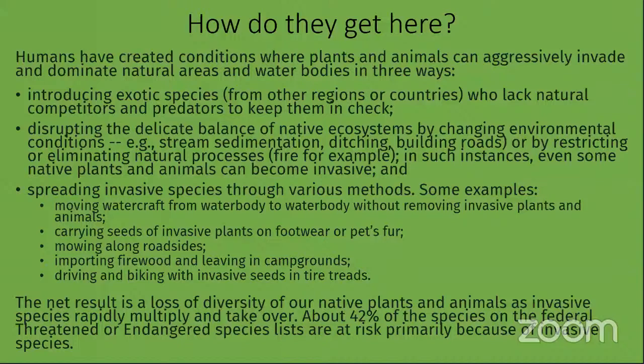For example, we suppress fire so that the native fires that would normally control an environment are no longer happening. And sometimes the native plants and animals can also become invasive when we disrupt their ecosystem. And then there's a spreading of native species once they get here by various different methods.